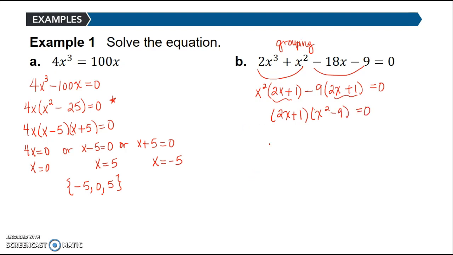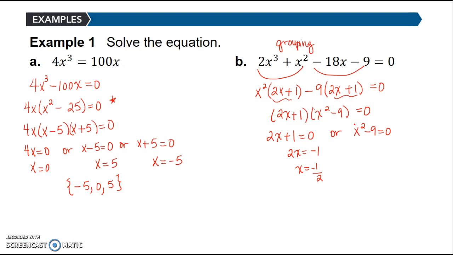Now we could factor that further. I'm going to show you an alternate way to solve this. We could stop once we get a quadratic or linear factor, set each of those to 0. So I'm going to set 2x plus 1 equals 0, or x squared minus 9 equals 0. Solving the first equation, we get 2x equals negative 1, or x is negative 1/2.